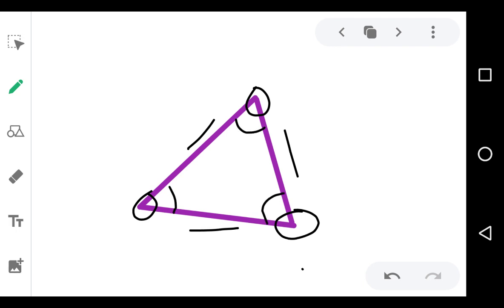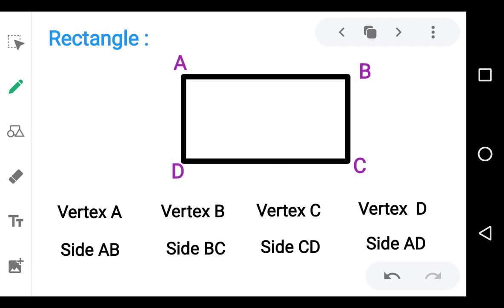Now after that we see how to name the vertices. Now a rectangle has 4 vertices. We can give them any name. Normally we start with a letter of the alphabet and go ahead in the series.